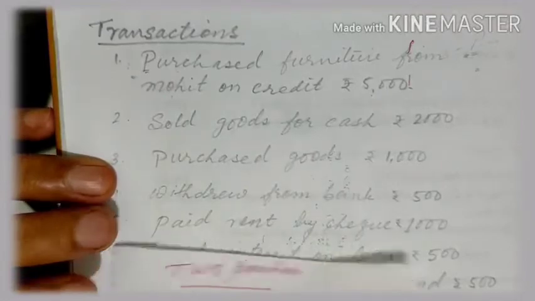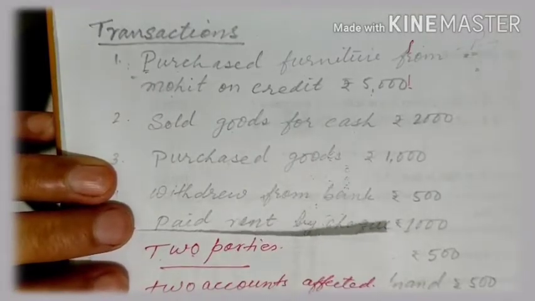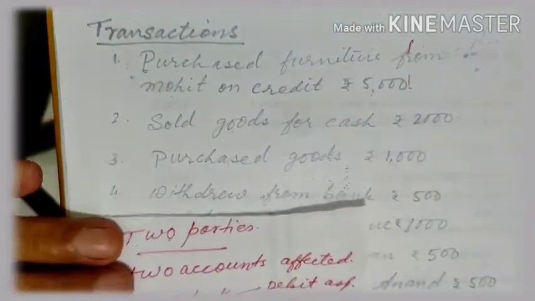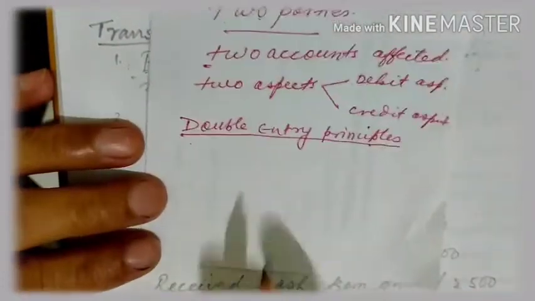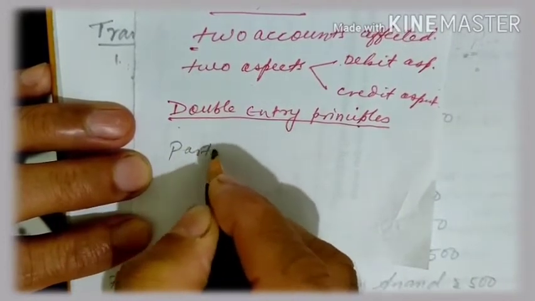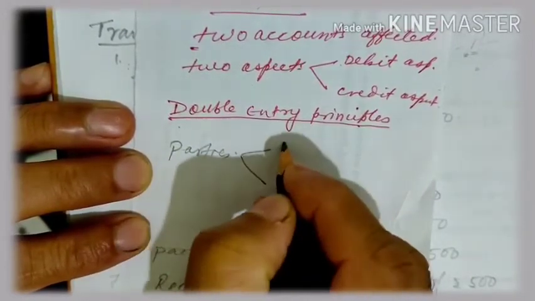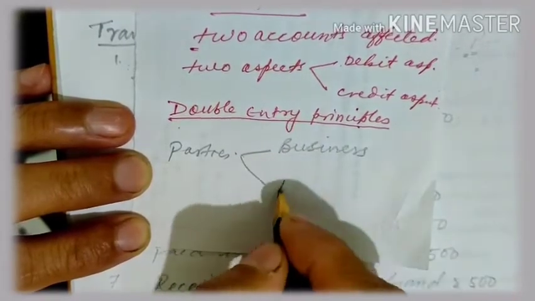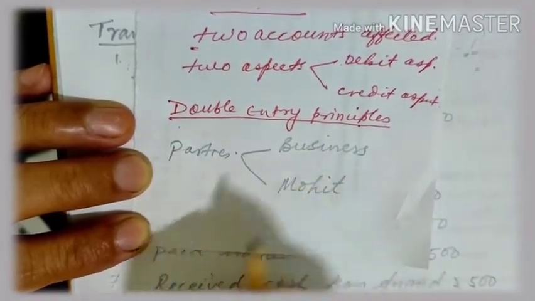Now let's take this transaction 1. Purchase furniture from Mohit on credit, rupees 5,000. Who are the two parties here? The two parties here are the firm, that means the business, and Mohit.